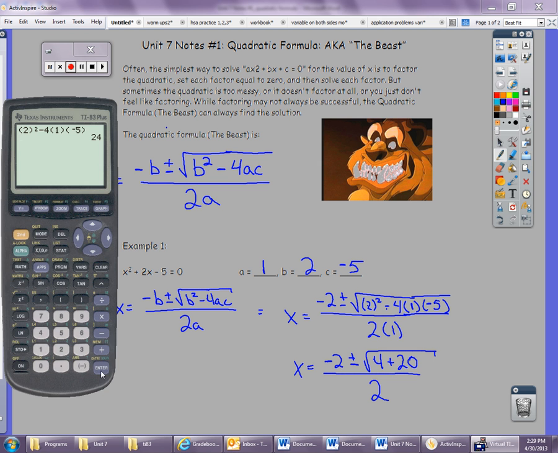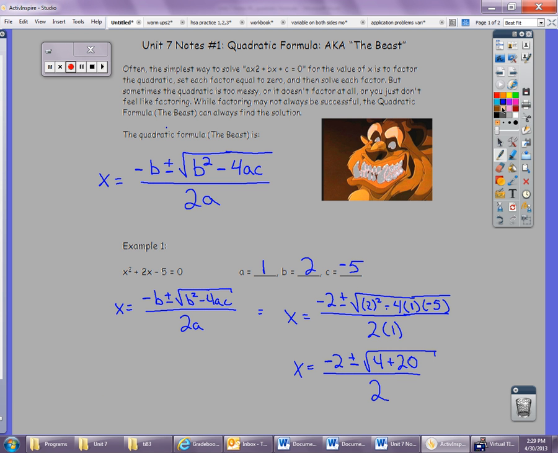So the next step I get is x equals negative 2 plus or minus the square root of 24 divided by 2, since 4 plus 20 is 24. So now we have negative 2 plus or minus the square root of 24 divided by 2.